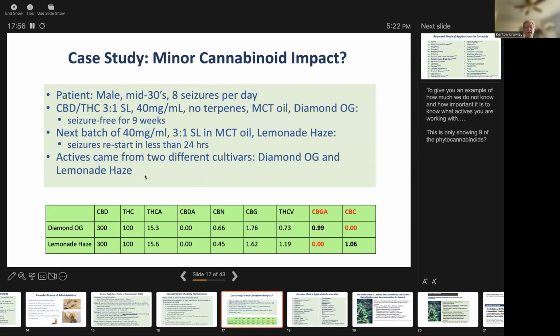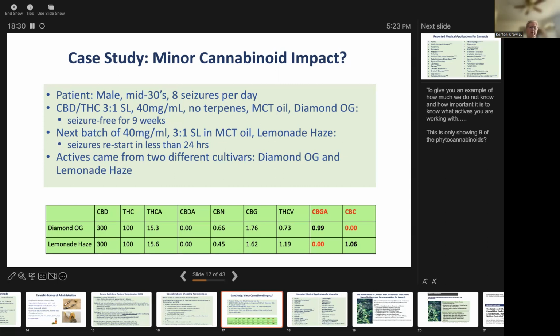So this is an example of how much we don't know. This is a 30-year-old having 8 seizures per day on 4 different medications. He went to a dispensary and was recommended a 3-to-1 ratio, CBD to THC. So that would be 30 milligrams of CBD, 10 milligrams of THC, no terpenes, in MCT oil, and the cultivar was Diamond OG.